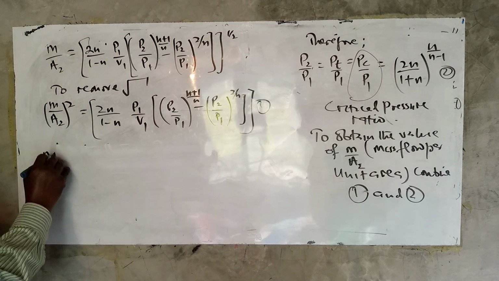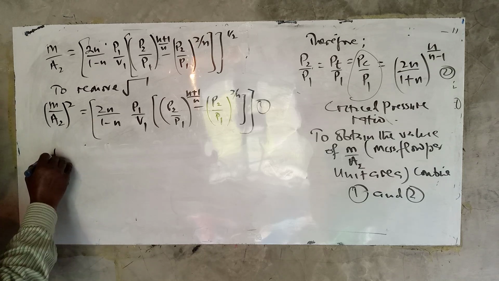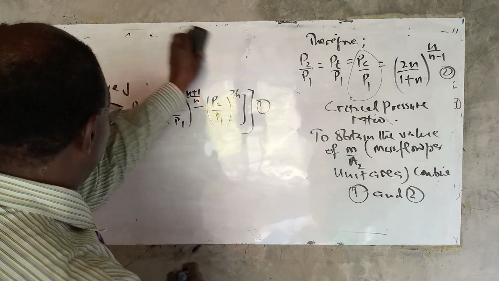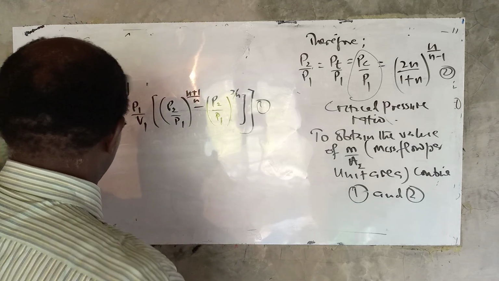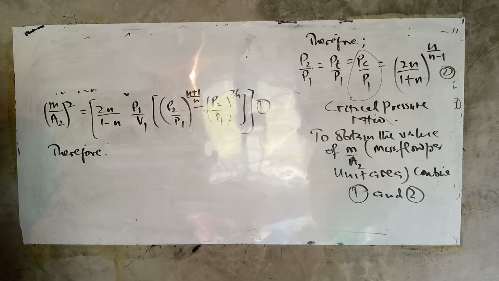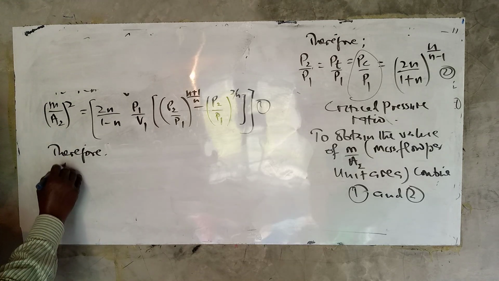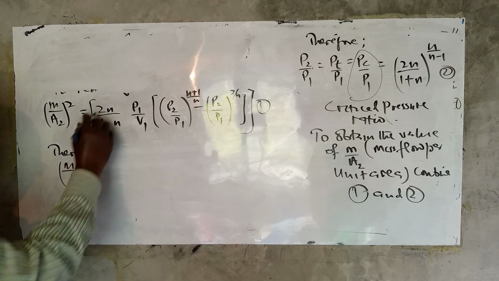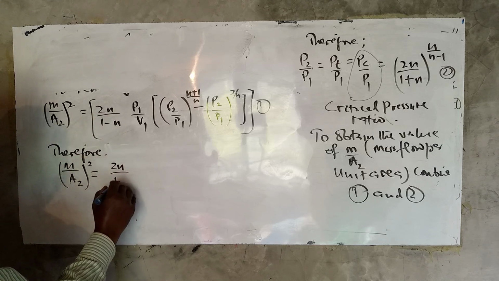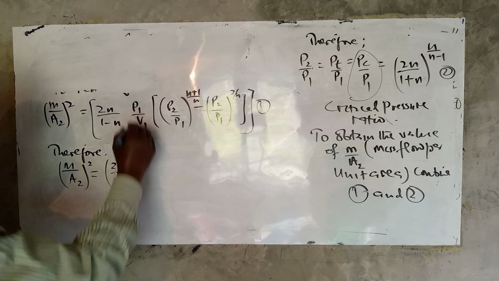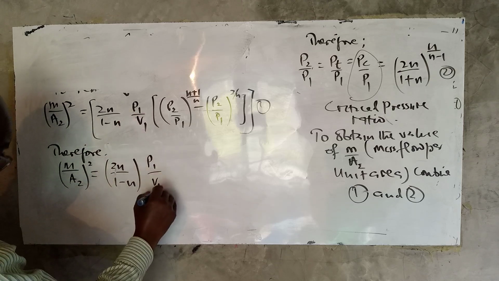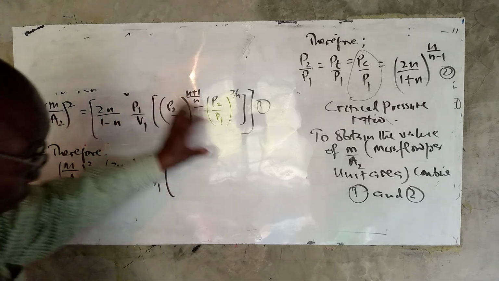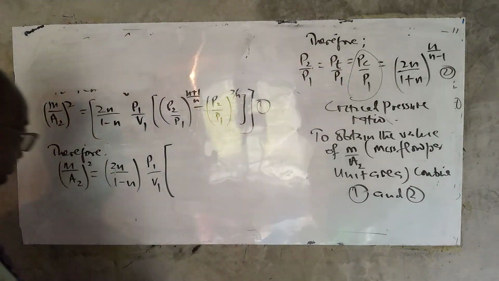Combining 1 and 2, we have m over a2 squared equal to 2n over 1 minus n, P1 V1, and of course you insert the value of this critical pressure ratio P2 over P1 in place there.